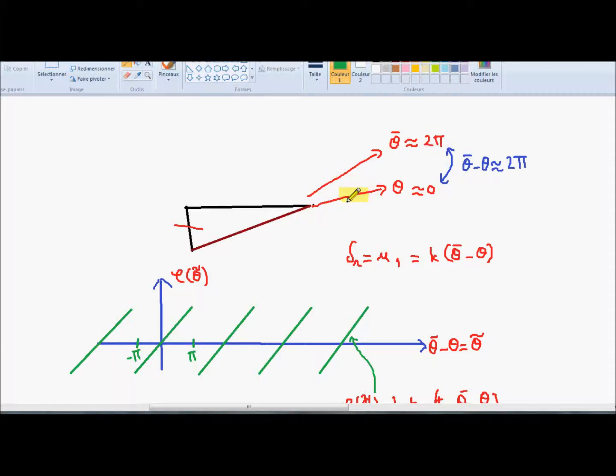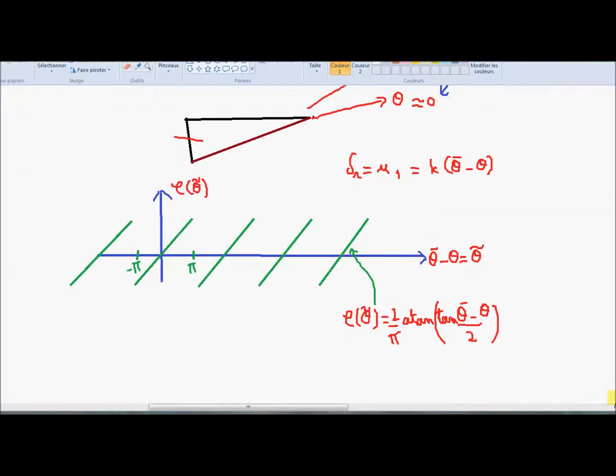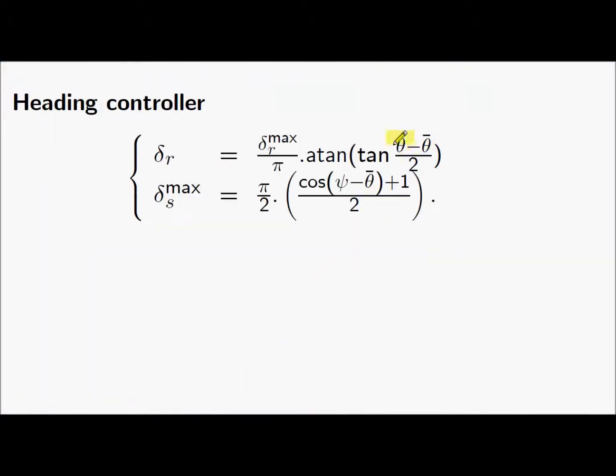So to avoid this modulo 2π problem, I filter my error by this function. Now, this function has a maximum equal to 1. That's why here I multiply by the maximum angle for the rudder I want. It was an explanation for the rudder.